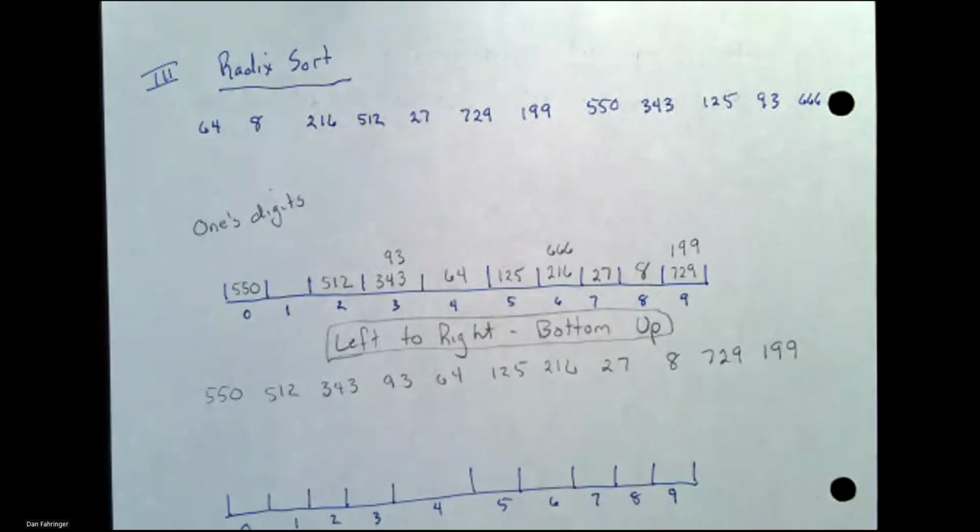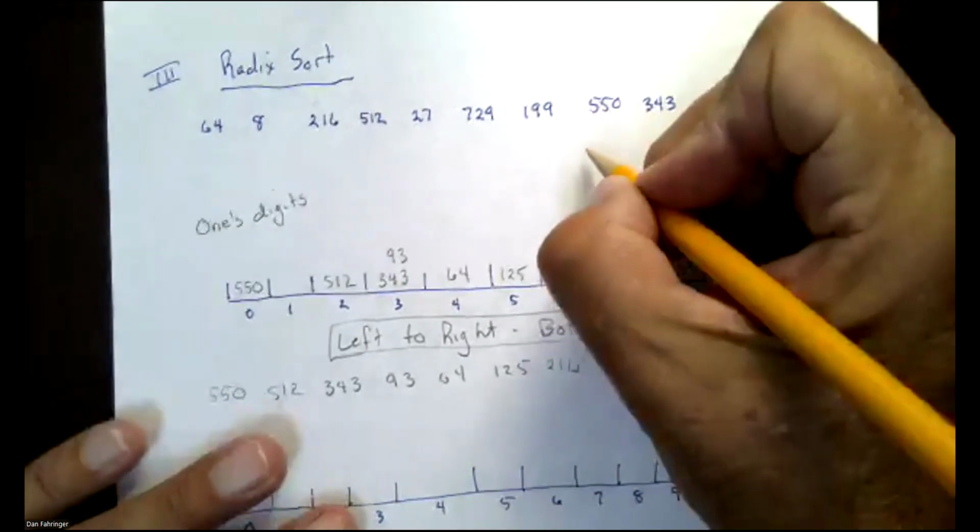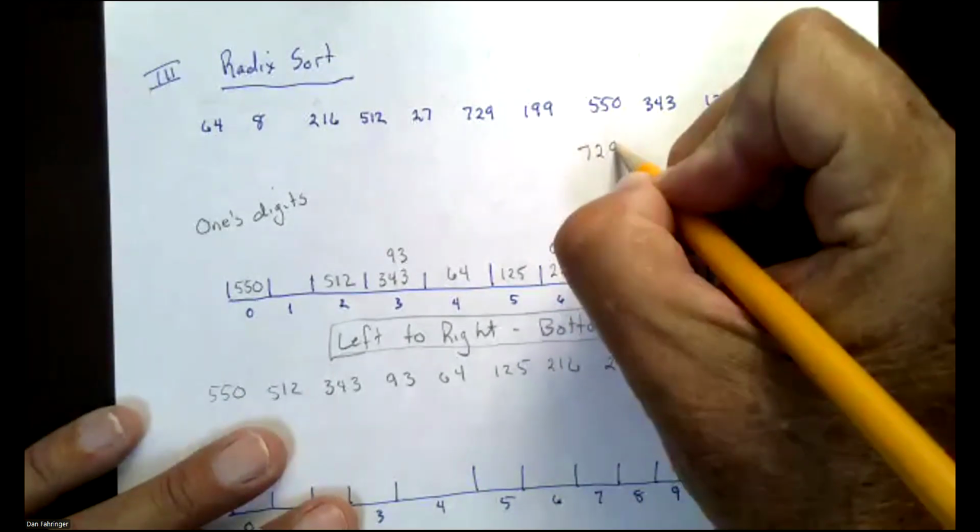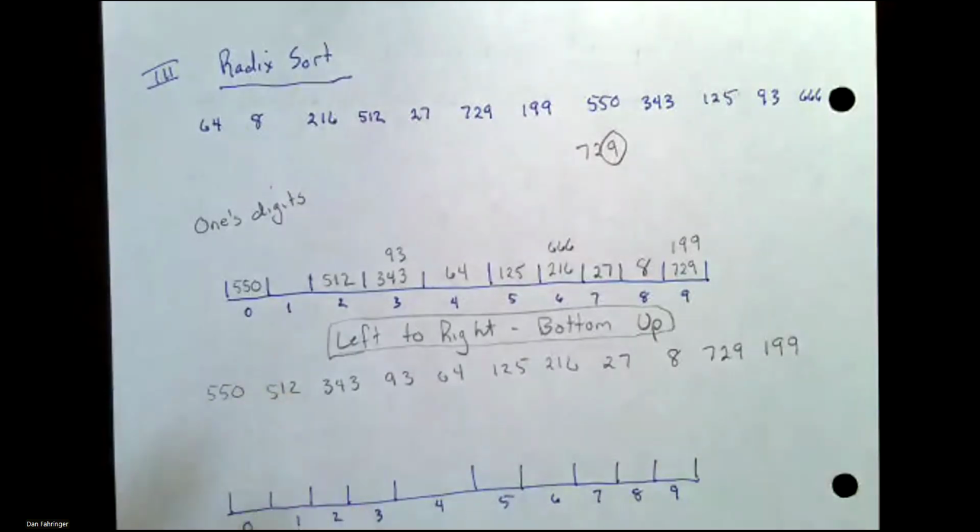How do I get the ones digit? If we were actually doing the math here, how would you get the ones digit? Next one, we have to get the tens digit. Next one, we have to get the hundreds digit. Modulus? Something along the lines. If I wanted 729, how would I get that 9?